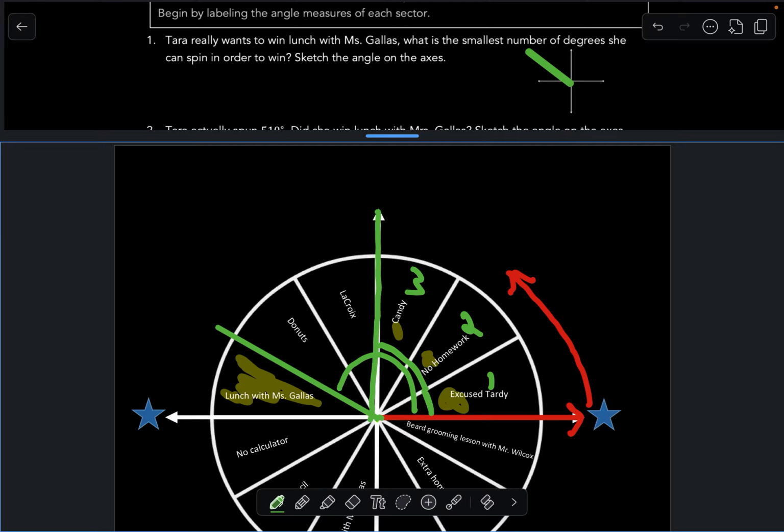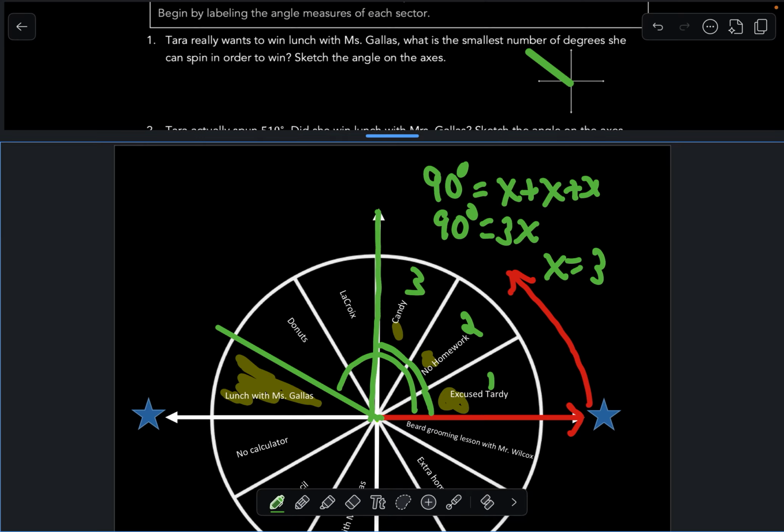So to figure that out, you have a total of 90 degrees, and that's split up between 3 of these angles, which is 3x, where x is the unknown angle that we're looking for. So x equals 30 degrees.